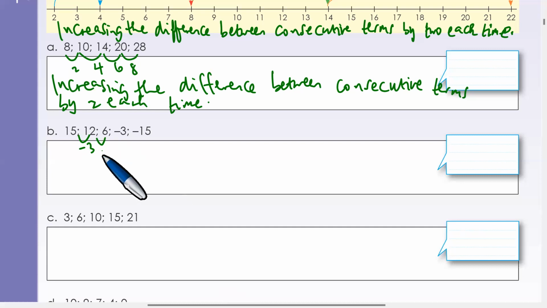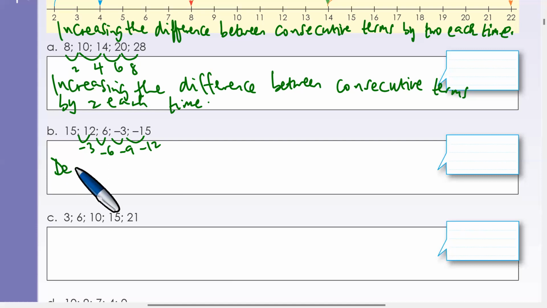And then here 6 is subtracted. 9 is subtracted. 12 is subtracted. Okay, it's sort of decreasing.